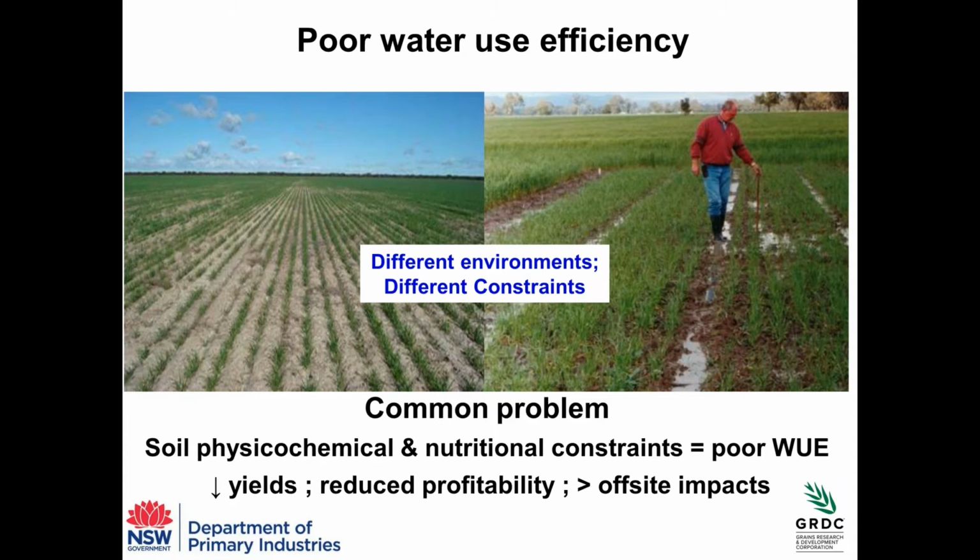That means we have quite a lot of water in the subsoil, for example. However, due to those physical, chemical or maybe nutritional constraints, we cannot effectively use that water in the subsoil, and therefore we have a reduction in yield, and profitability also declines.